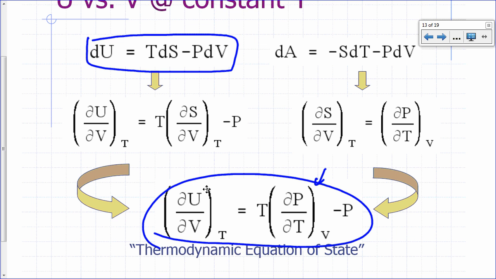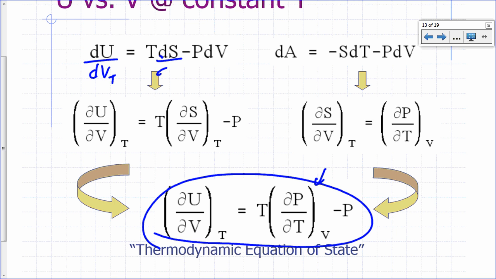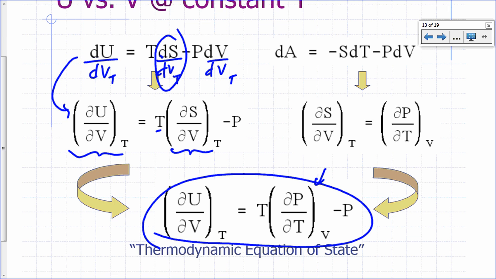Okay, so what would happen if I divide through by dV at constant T? What happens? I get the partial of U with respect to V at constant T equals T times the partial of S with respect to V at constant T minus, what happens to dV here?